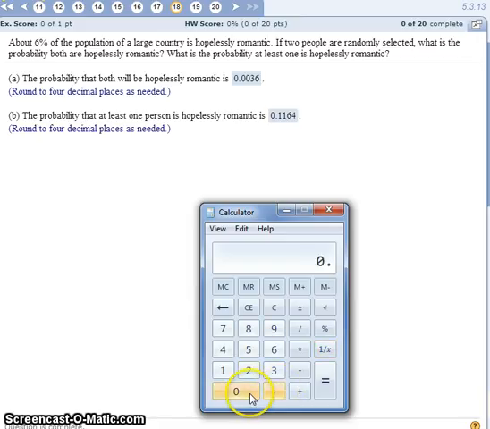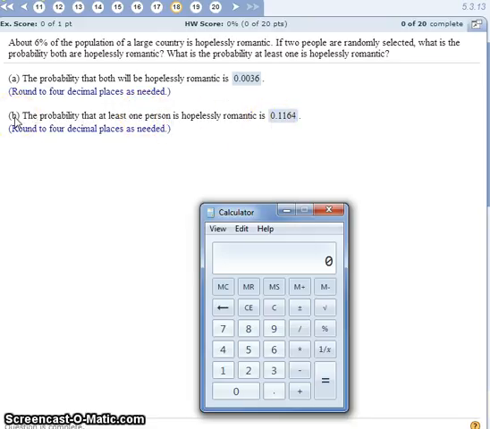So the chances the first person was hopelessly romantic is 0.06, and if we want to know the chances that they both are, we multiply the probability of both events together. They both have a 6% chance. So the probability that they're both hopelessly romantic is 0.0036.